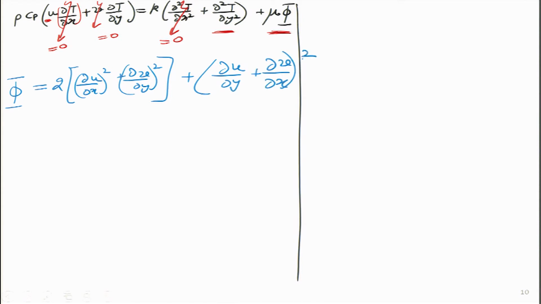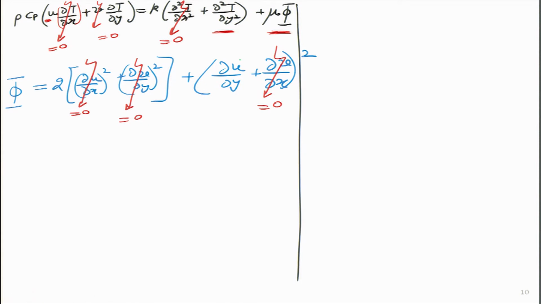So this also we can simplify very quickly. With the logic which I had just mentioned, I will make this also 0, because nothing changes with x, all gradients with x are 0. So this also becomes 0. Then ∂v/∂y I can also make 0, because velocity v by itself was 0. So from here all I get is this term over here.